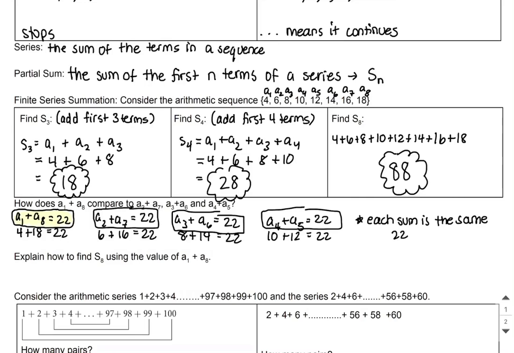What could I do to 22 to get my final answer of 88? Well, I could take 22 and multiply by 4, and that would give me 88. And that makes sense because I just paired all of my terms up together, and I have 4 pairs.